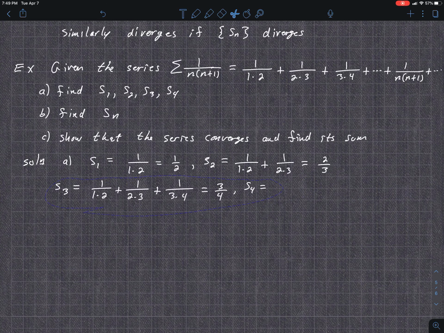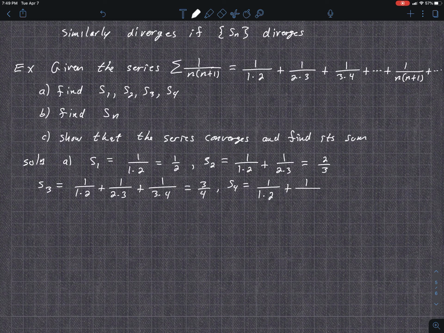And let's do another one, S sub 4. Part of doing these and understanding them is writing stuff out. You got to get tedious with this stuff.